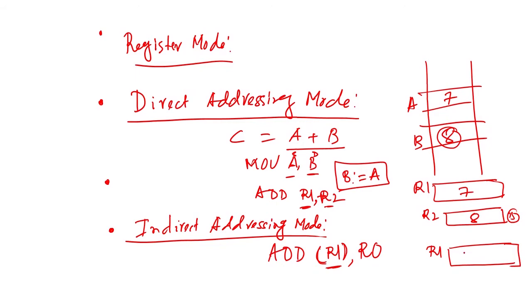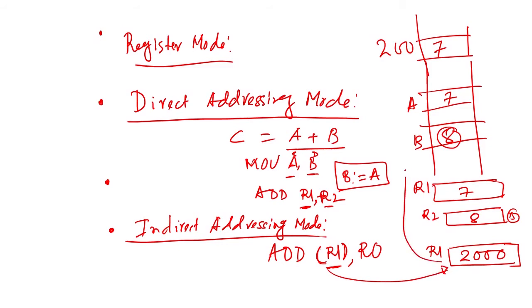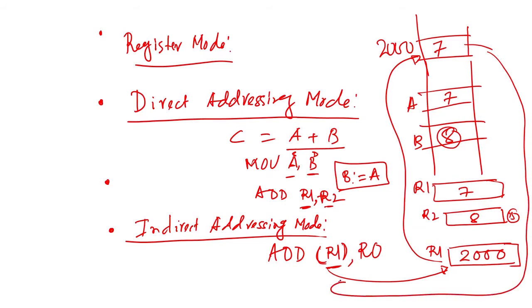Let us say R1 contains the address 2000, and in memory location 2000 I have the value 7. To access this, it will first go to R1 and fetch the address 2000. Now it will go to location 2000, get the value 7, and then 7 will be added with R0.